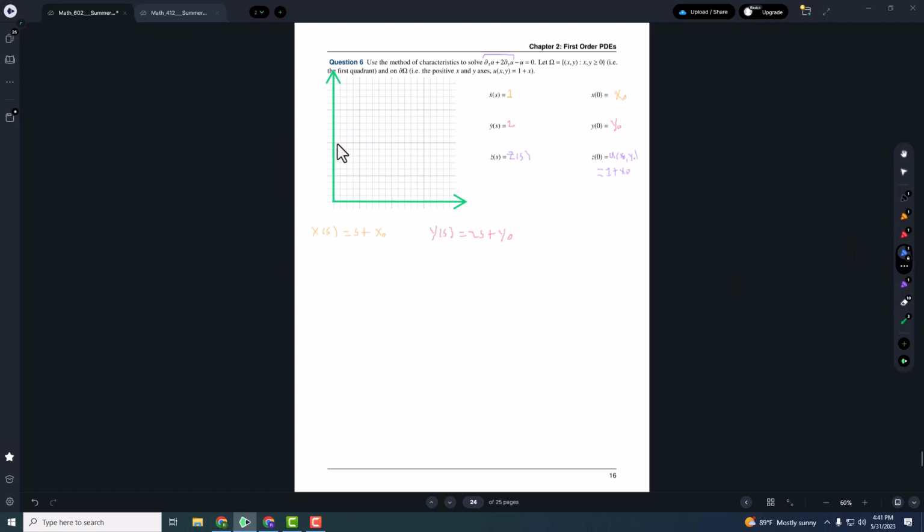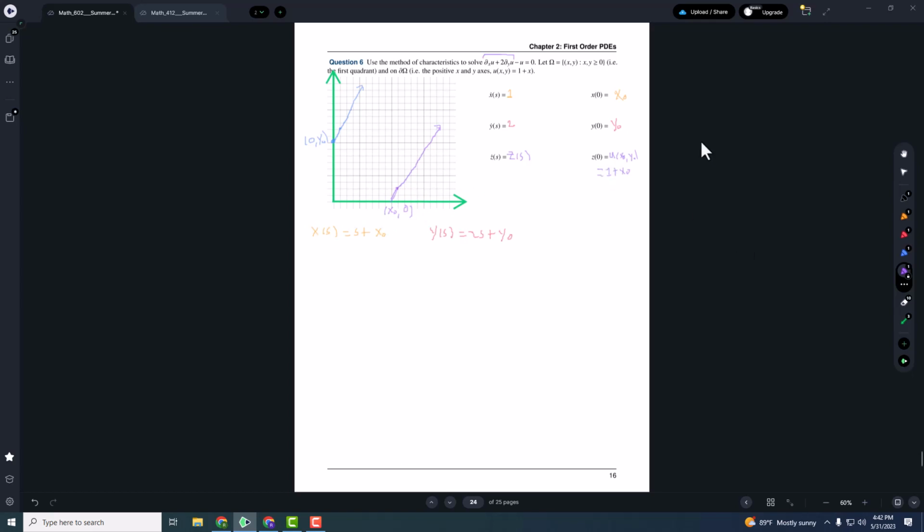If my curve starts here, then the initial value x is going to be equal to 0, and y is going to be equal to y naught. Whereas if I start here, again the slope is still going to be 2, but x is going to be just some generic point x naught, and y is going to be equal to 0.